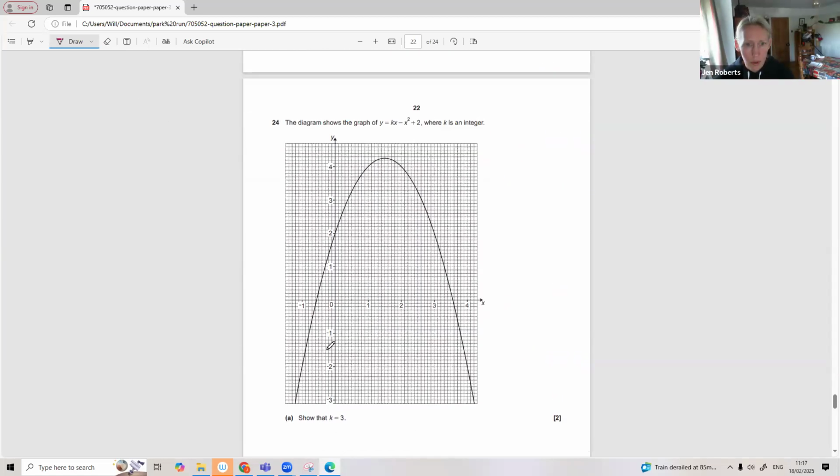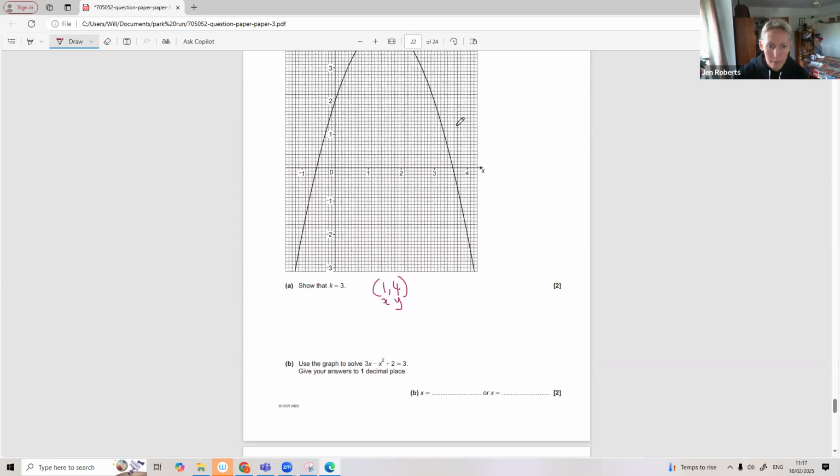They show that k equals 3. So this curve here is this quadratic graph. We need to find a coordinate point on our quadratic graph. I'm going to choose this one from 1. So we know the coordinate point (1, 4) lies on your line. That's your x value, that's your y value.